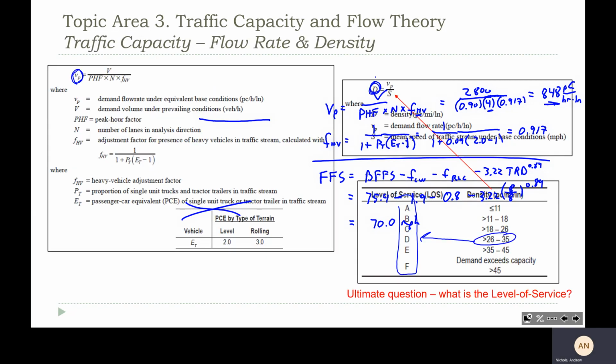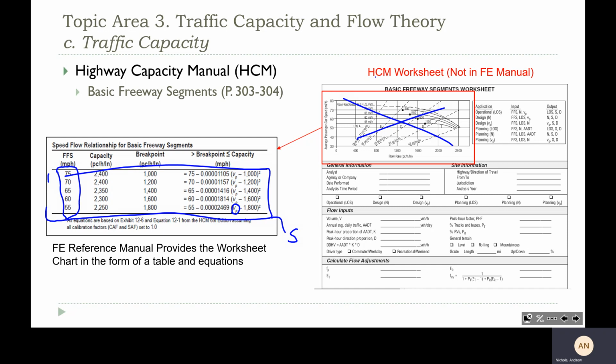So let's go back and look at the table, this table here. So at a free flow speed of 70 miles an hour, is our speed going to be impacted at a volume of 848, at a flow rate of 848?